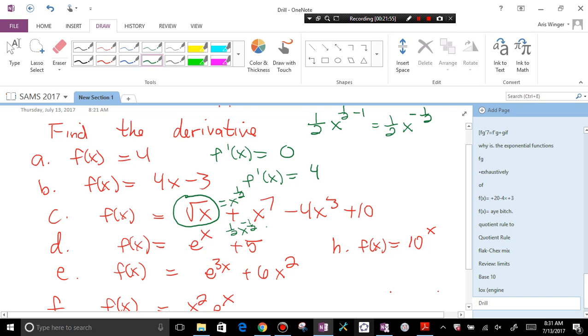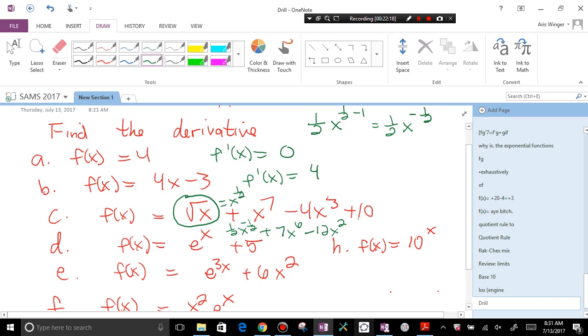The derivative of x to the 7th is 7x to the 6th. The derivative of x to the 3rd is 3x squared times negative 4, minus 12x squared. The derivative of 10 is 0.